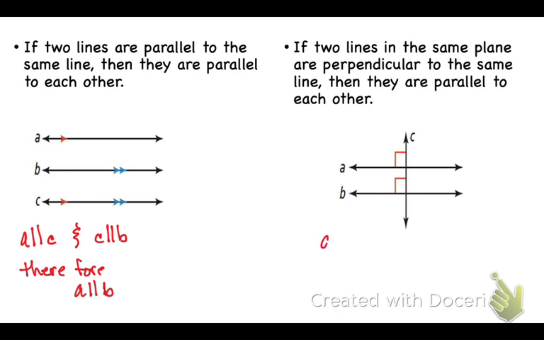So this says that A, and the sign for perpendicular is like an upside down T, is perpendicular to C. And B is perpendicular to C also, correct? So that means that A is parallel to B.